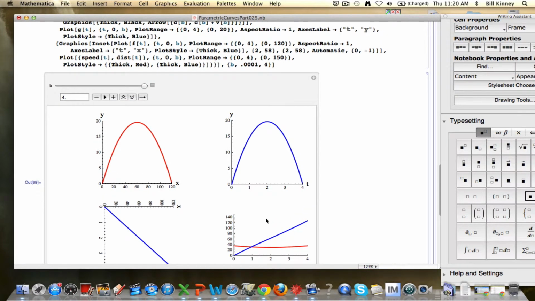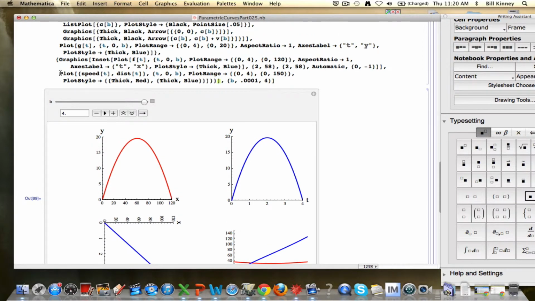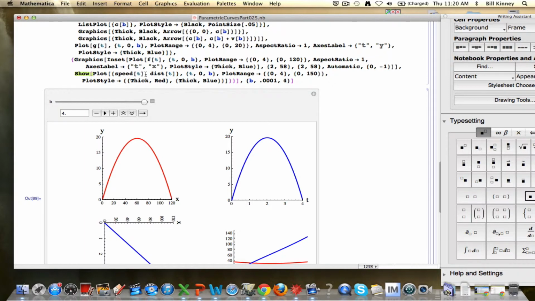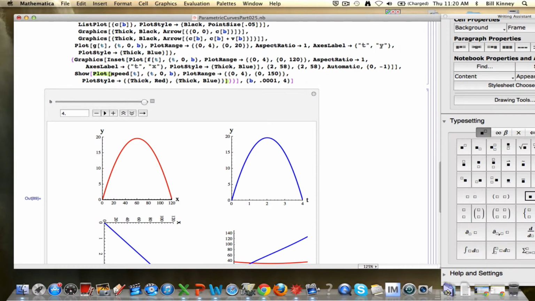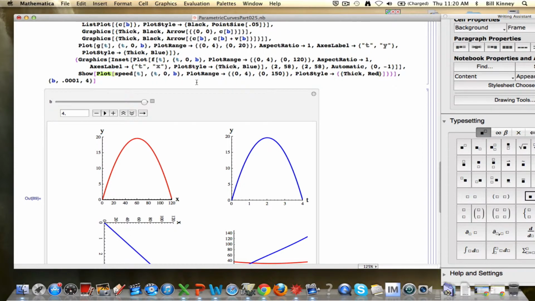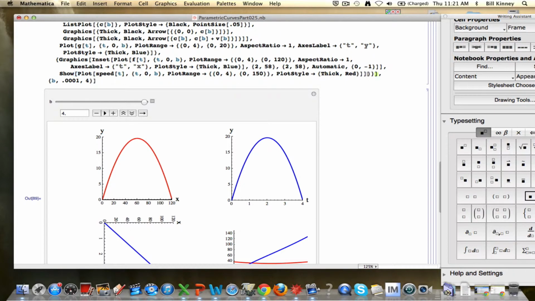Remember, we can shade in some areas here by adding some options. And in fact, I think I'm going to need to separate this with a Show if this is going to work. Let's see, I'm just going to graph the speed function first of all. Show combines graphics. So first I'm going to graph the speed function within the Show, but I'm also going to graph the distance traveled function here. I'm going to put another plotting command.